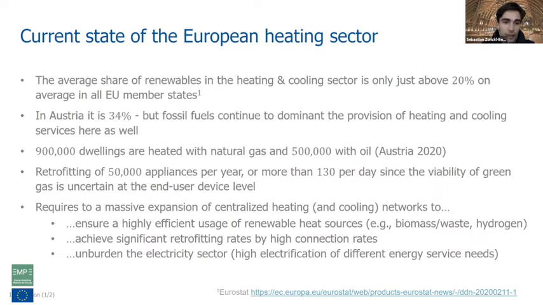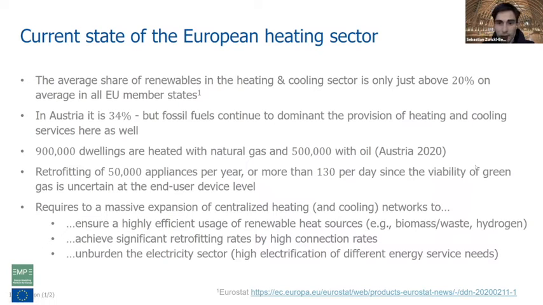34%. But of course, fossil fuels continue to dominate the provision, especially in the heating sector, but also in the cooling sector. So for example, just to give some representative numbers, we have 900,000 dwellings that are heated with natural gas in Austria, and more than 500,000 that are heated with oil. So these are the numbers for Austria in 2020.